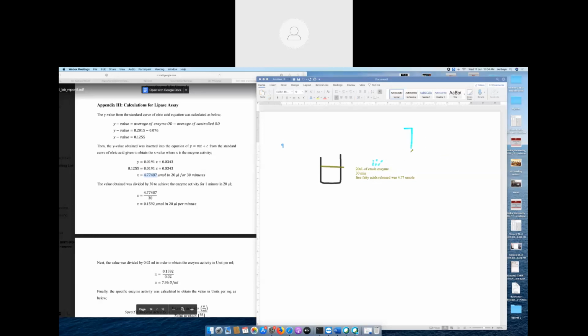The amount of free fatty acid released is 4.77 micromole based on 20 microliter of the sample and 30 minutes of reaction.